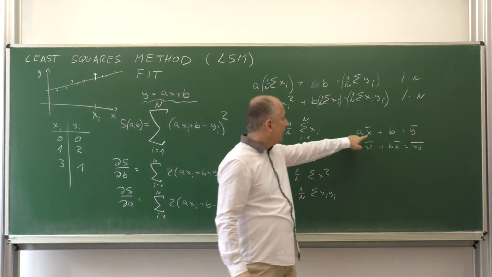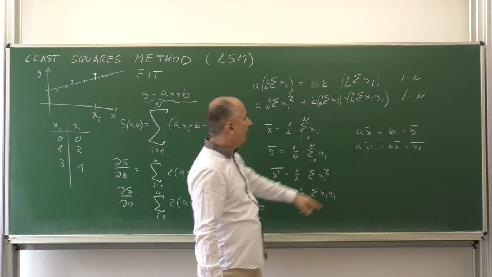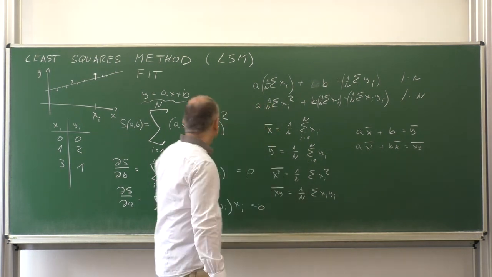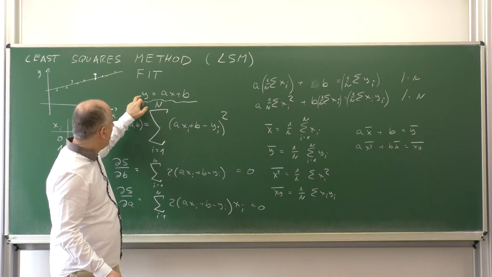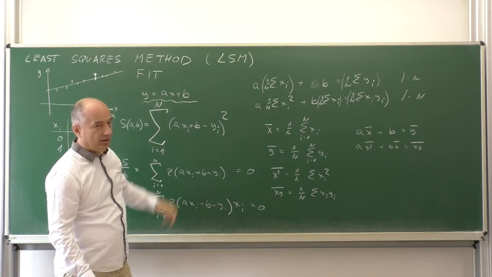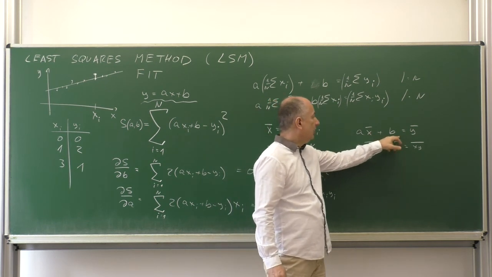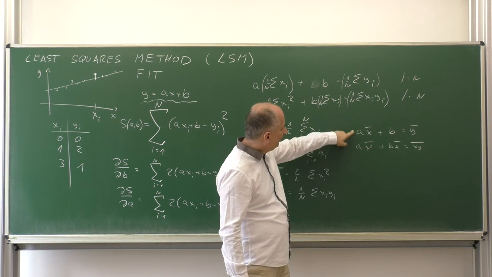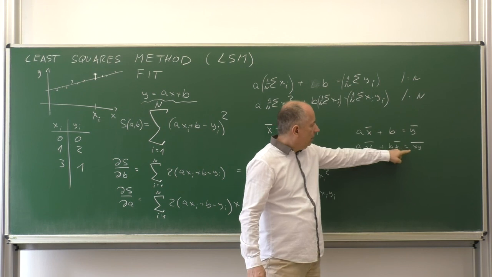So x bar is a constant, not a variable. x is a variable, x bar is a constant. So the meaning of the letters is quite different. But graphically, if you are able to remember y is ax plus b, then you have no problems to remember a x bar plus b is y bar. Well, and the second equation is similar to this one, just one more x here, one more x here, one more x here.